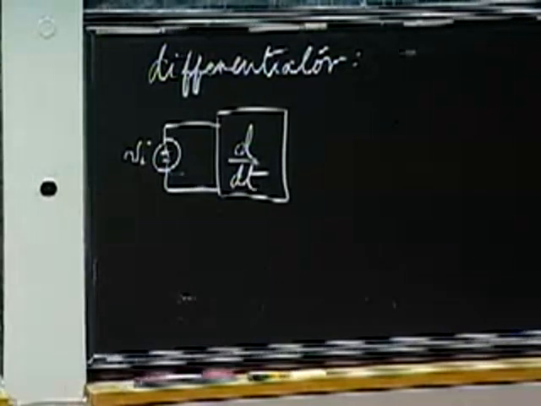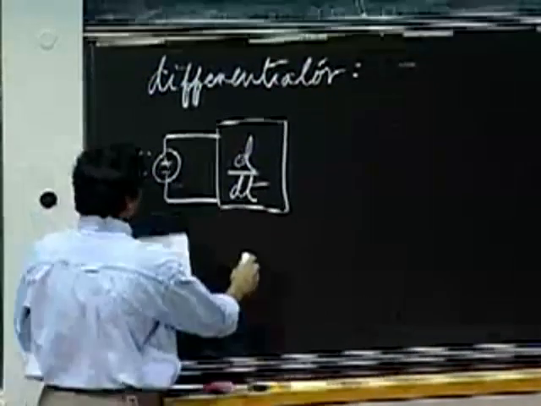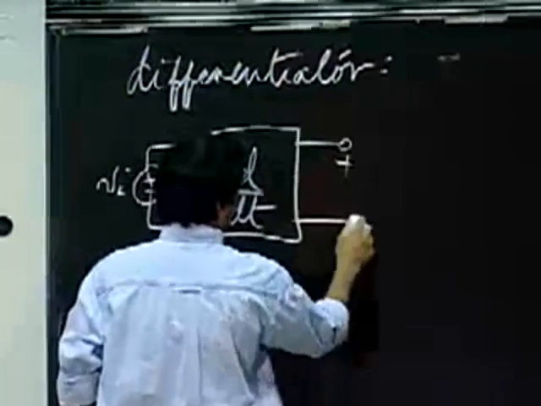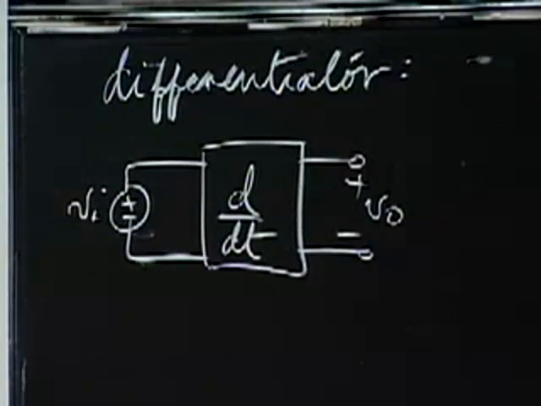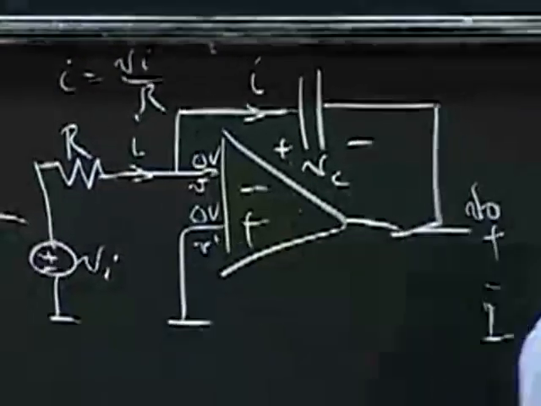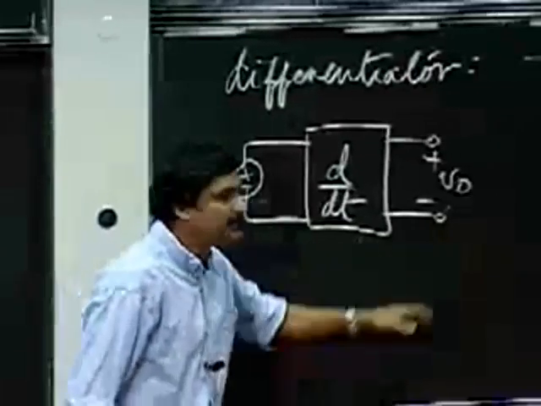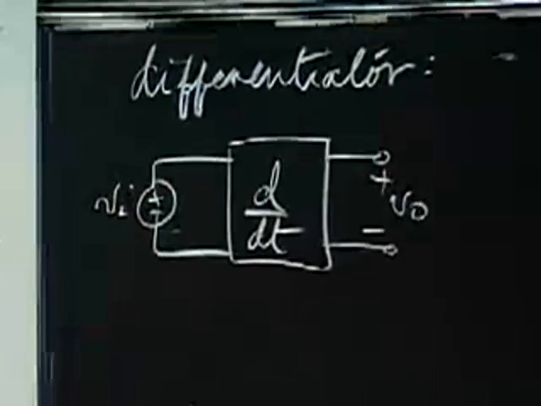Let me take a VI and stick a VI in there. That's what I want to build. What I built here is that integrator box, and what I'd like to do now is build a differentiator box.